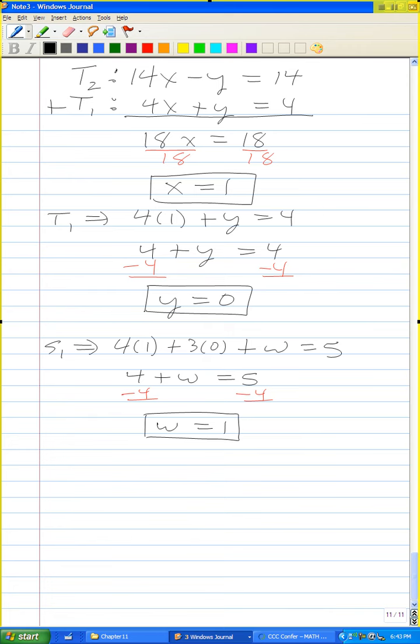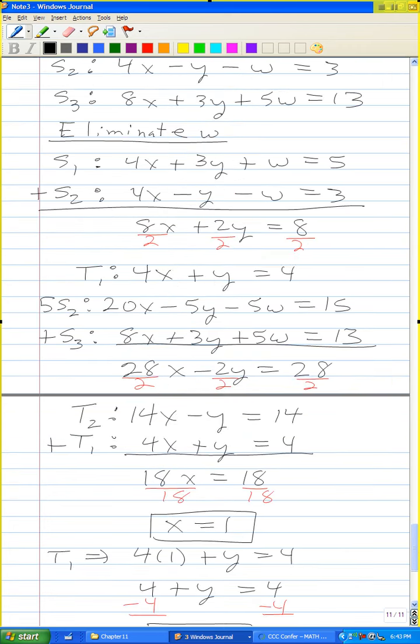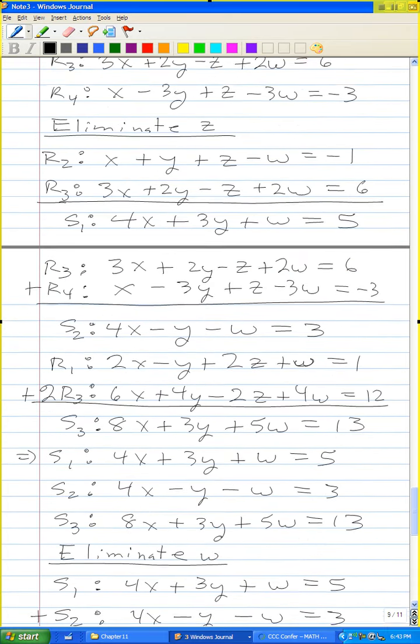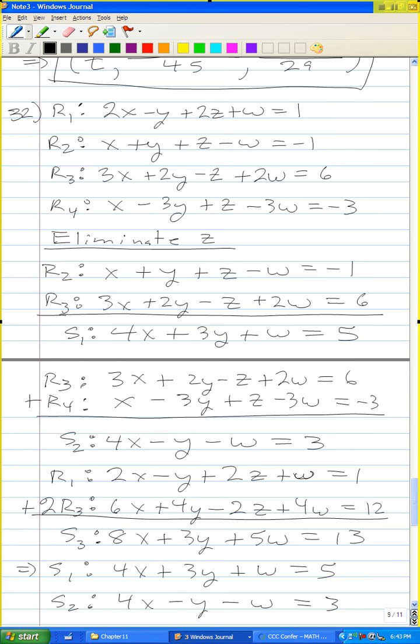And so let's figure out z, I guess. So I have x, y, w, but I didn't figure out z yet. And so there's z.